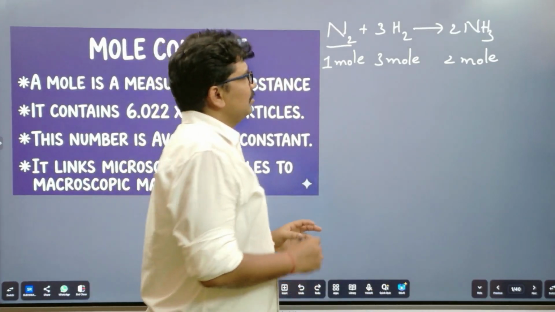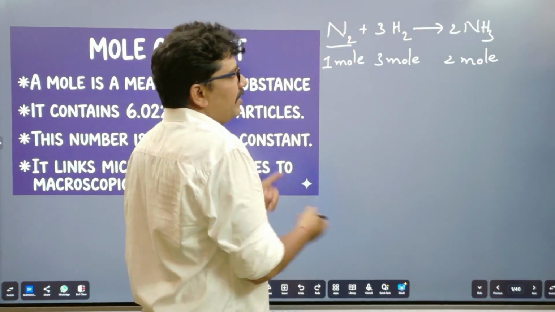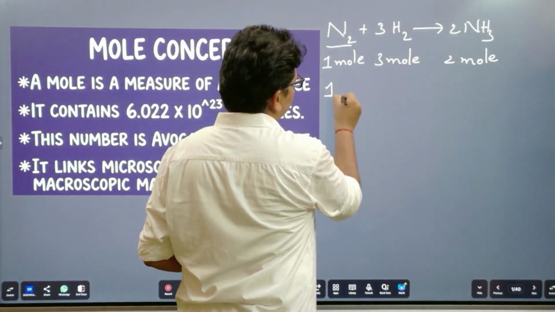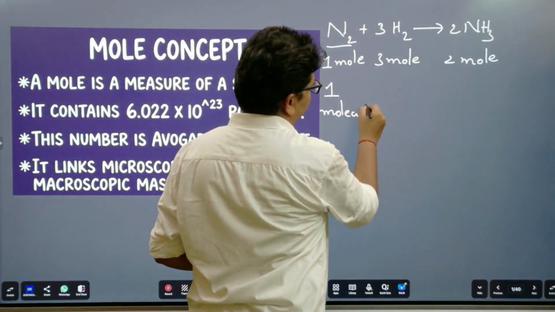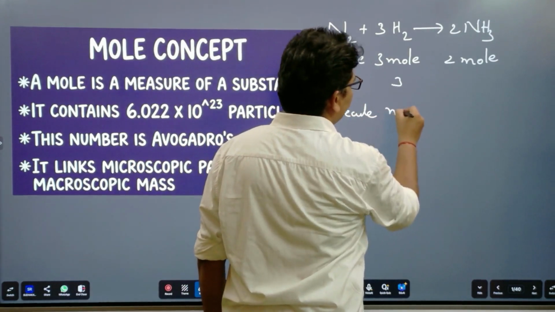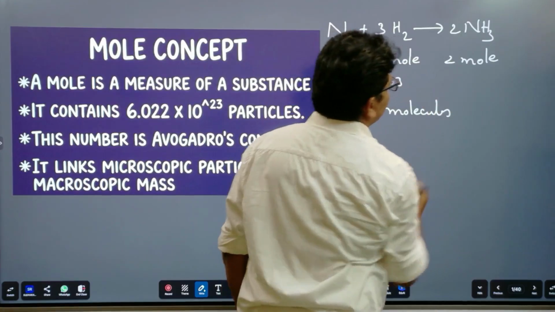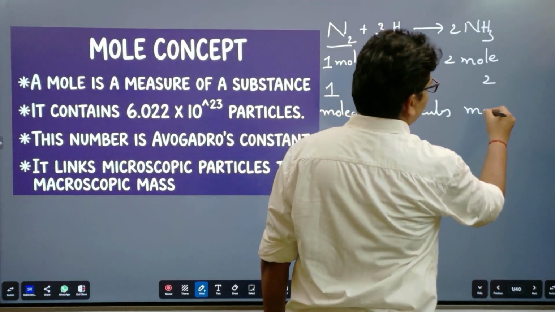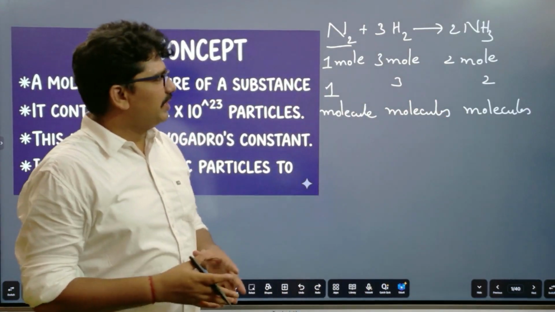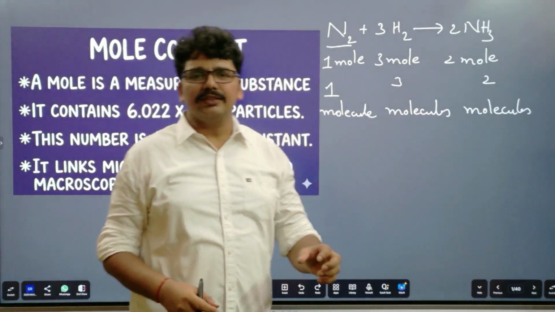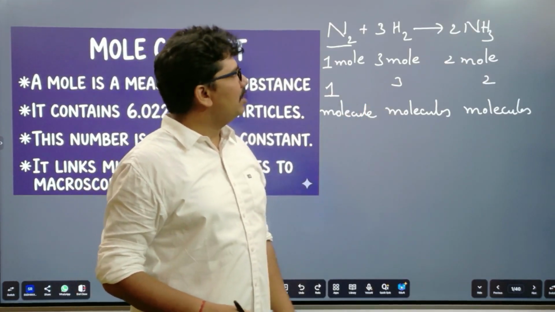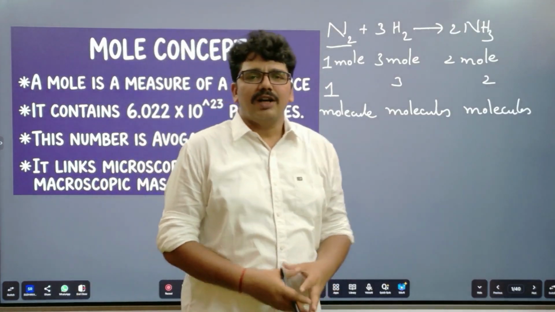If I represent this reaction in terms of molecules, 1 molecule of nitrogen combines with 3 molecules of hydrogen to produce 2 molecules of ammonia. Before mole was introduced, chemical reactions were studied with molecules only.